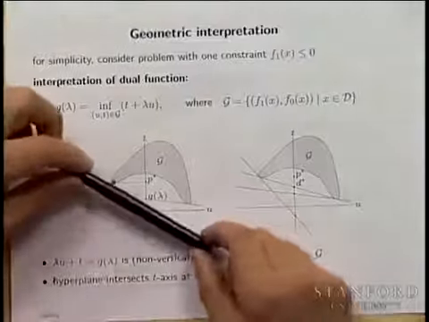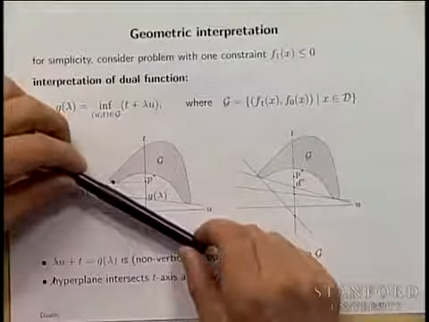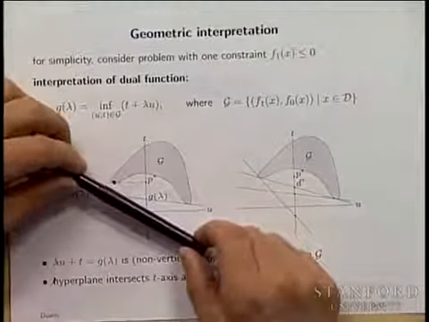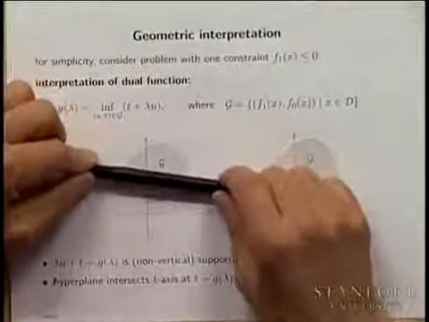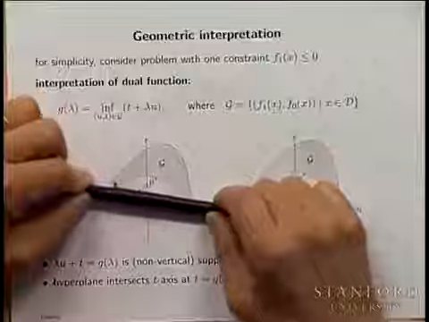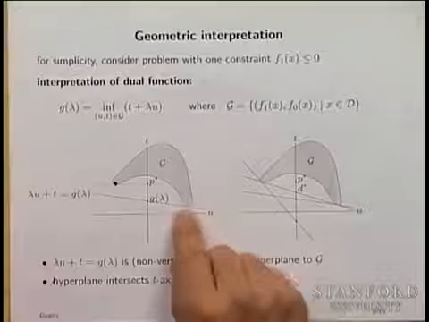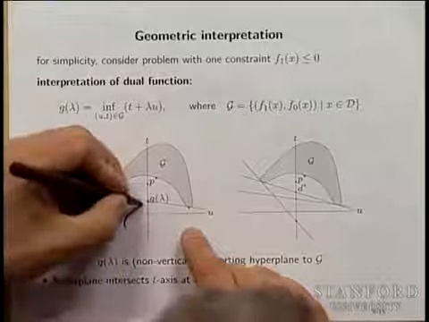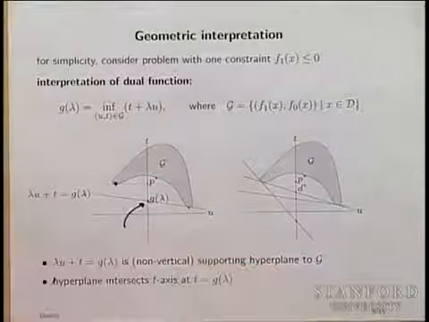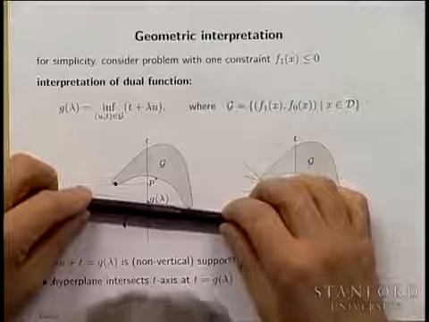So I take something like that. So for example, if you fix lambda and then ask me to evaluate the dual, what you do is this. You fix a slope here, and you march down this way until you just barely leave this set. And that would be right there. Okay? And then, when you work out what g of lambda is, it's this intersection here. Okay? So this is g of lambda.